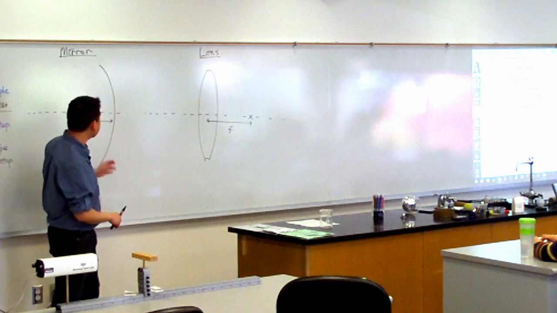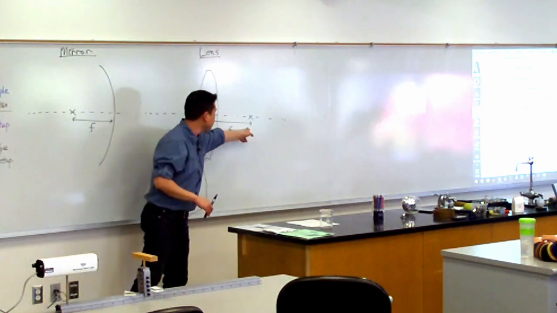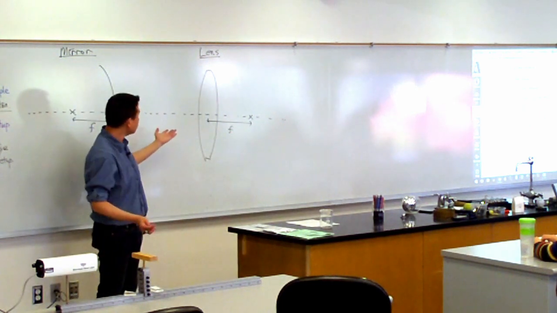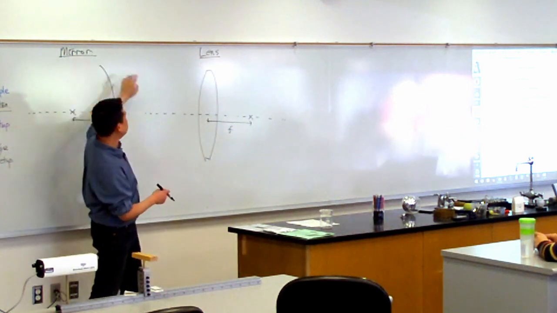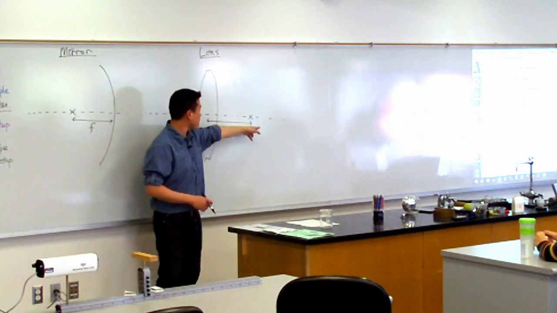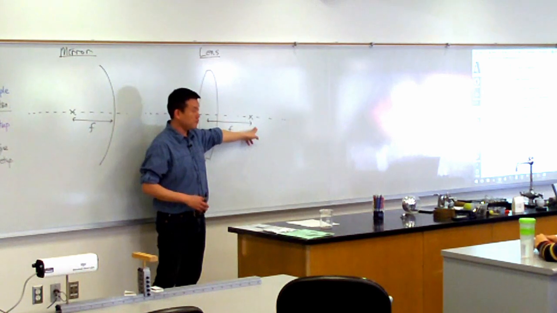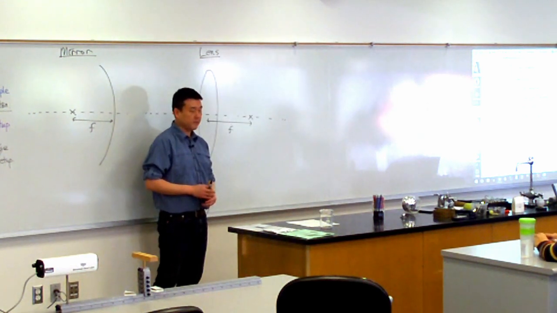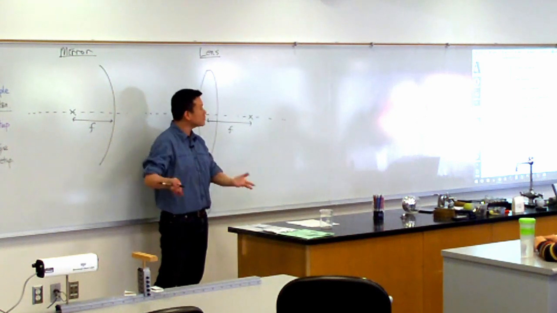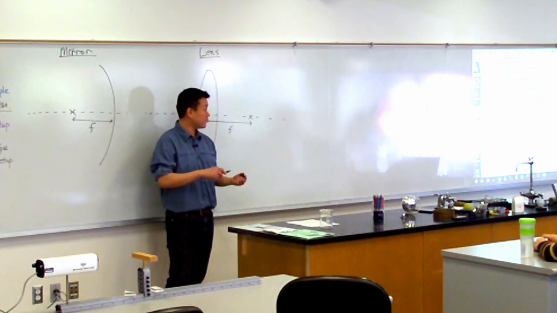I just want to start from this knowledge that these two common optical elements, curved mirror and lens, have some focal point, and we are going to use that as a starting place to do some geometric optics, starting with ray tracing.